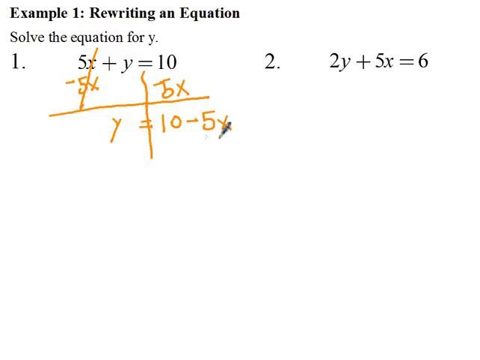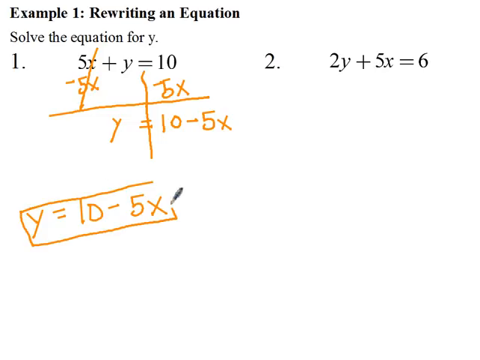And if you notice, the y is by itself, so you have solved for y, and your answer is just y equals 10 minus 5x. And basically, without having a number as an answer, your answer is an equation. Okay?